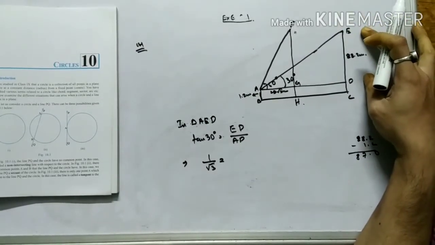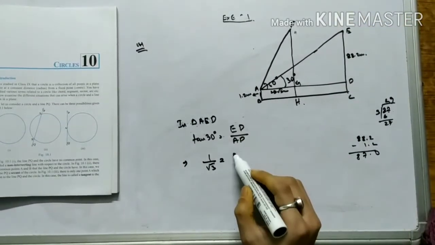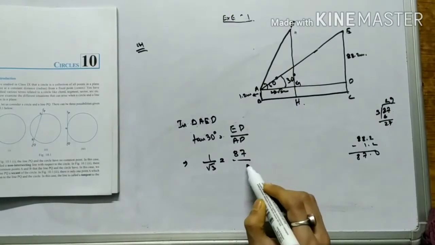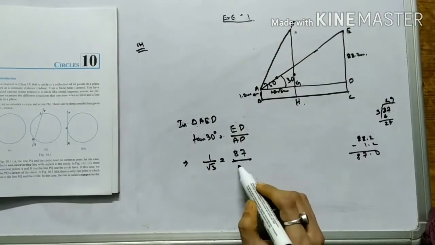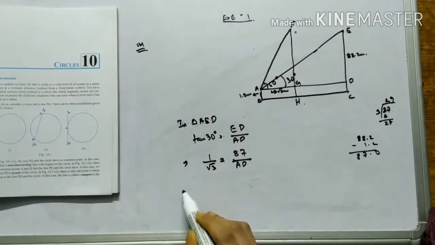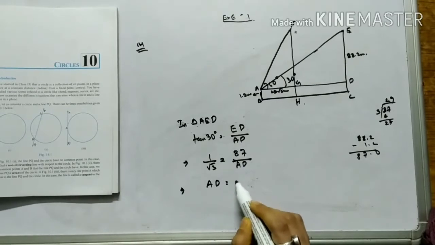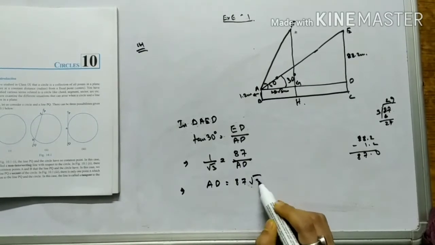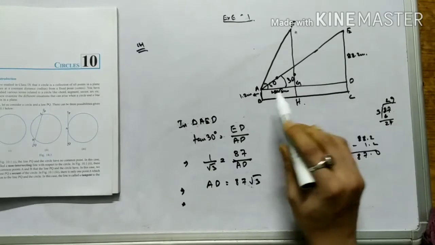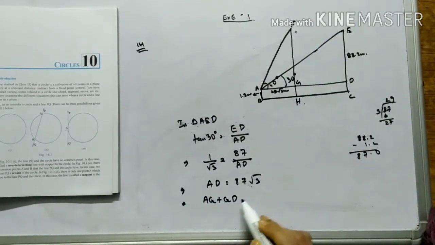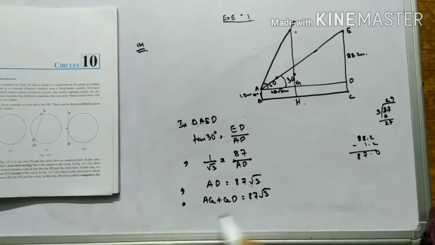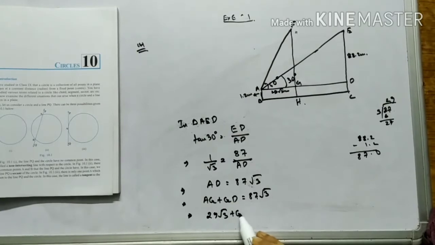So ED will be 87, so 1 by root 3 equals 87 by AD. So AD equals 87 root 3, and AD means AG plus GD. AG plus GD equals 87 root 3. AG I have already got, it is 29 root 3, plus GD equals 87 root 3.